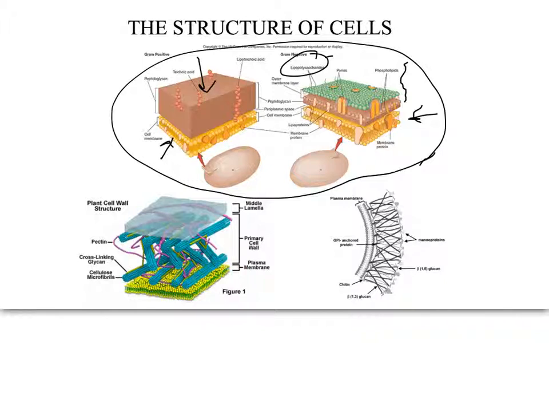Here's the plant cell wall. The big thing about it is it's got cellulose in it. Cellulose is a carbohydrate that we can't break down. So when someone has a high fiber diet, cellulose is what's going through them and cleaning you out, making you poop. And this one is chitin, which is found in fungi.